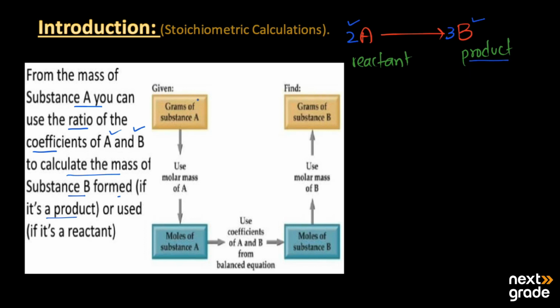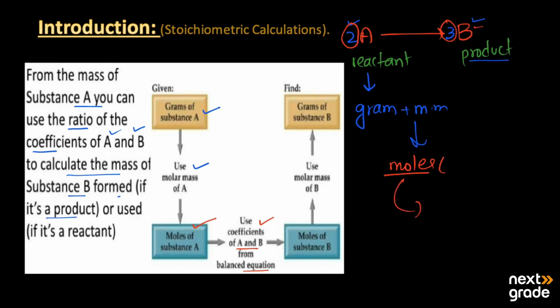If we are given the grams of the substance A, then by using the molar mass of A, we will calculate the moles. Then from the moles we will use the coefficients of A and B, which are 2 and 3, given in the balanced chemical equation, and we will find the moles of B.